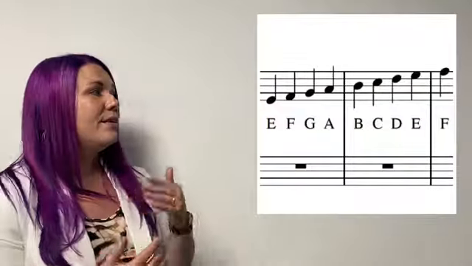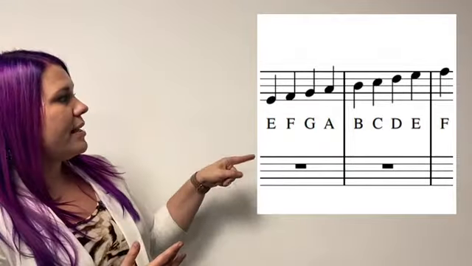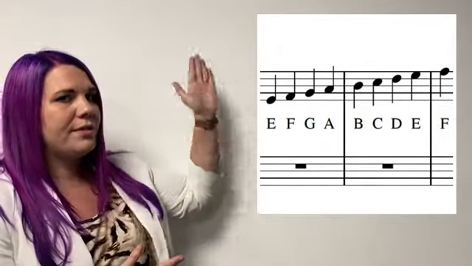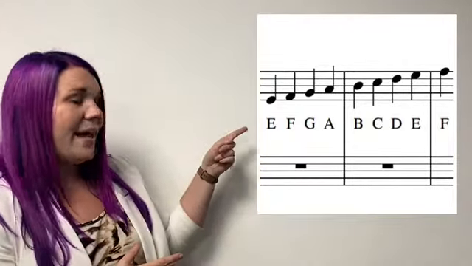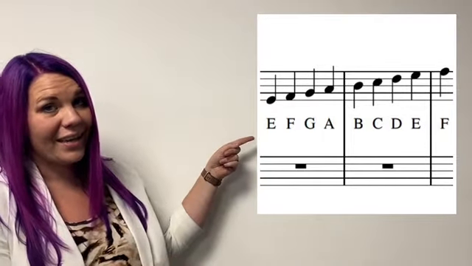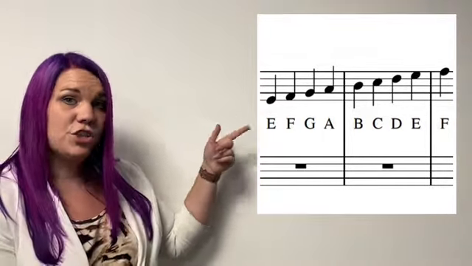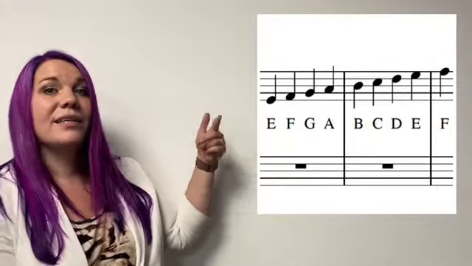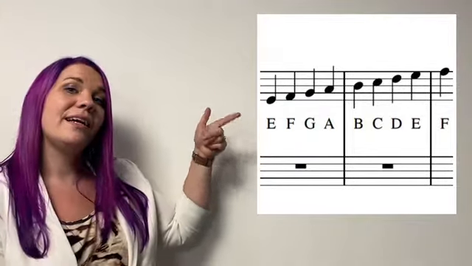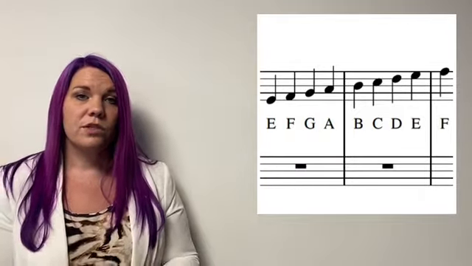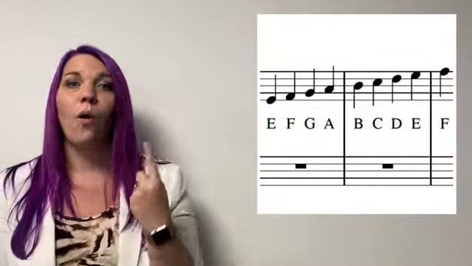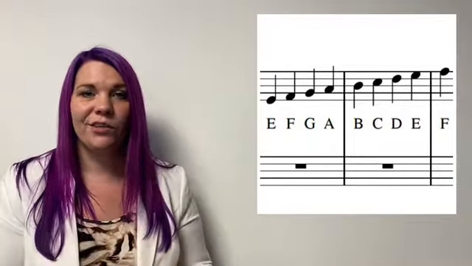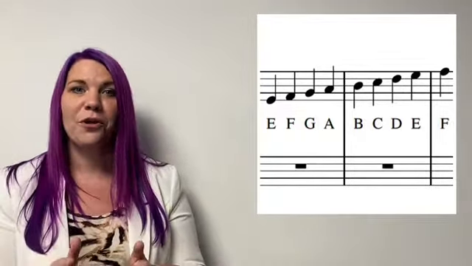Now, in the treble clef, you can see that if we start just on those lines and spaces that I just talked about, so we start on E on this line, so E, F, G, A, B, C, D, E, F, G. So essentially, so long as you know even one space or one line and what note that is, you can work out any note from that one note that you know.